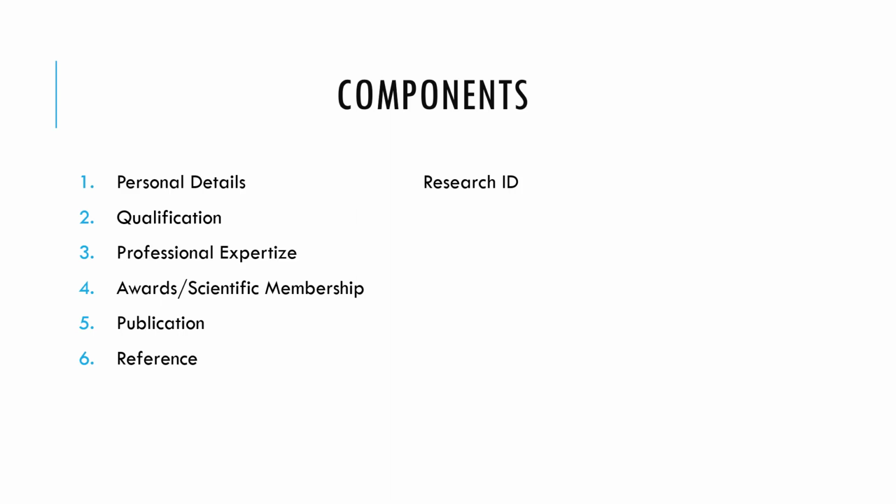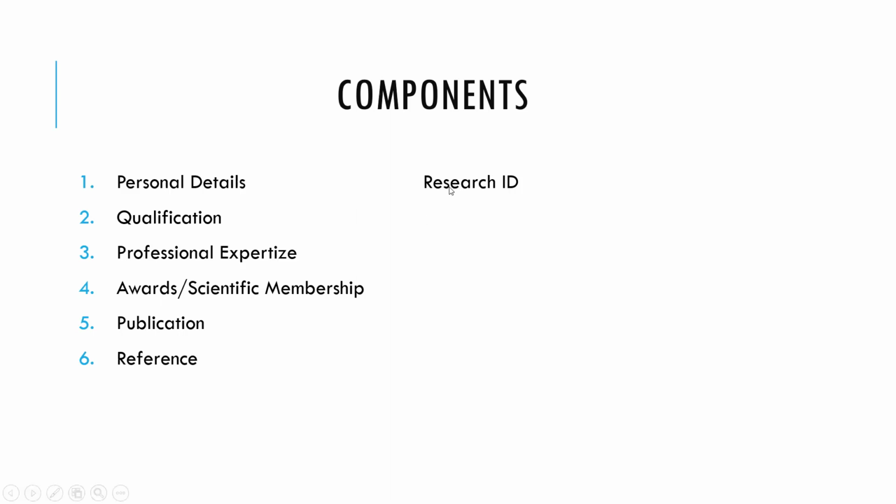This is very important. After that, you must mention the research ID. There are many research IDs, but two or three are very important to mention. The first one is the ORCID ID. You must mention your ORCID ID because the recruiter will look at it first, and they always want to see your expertise, your work and interests, which are all mentioned in the ORCID ID.